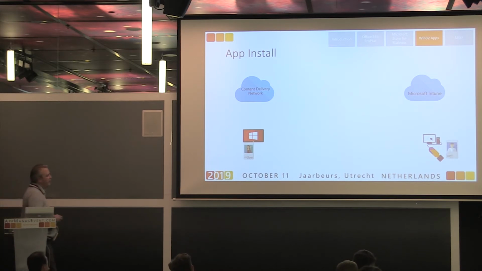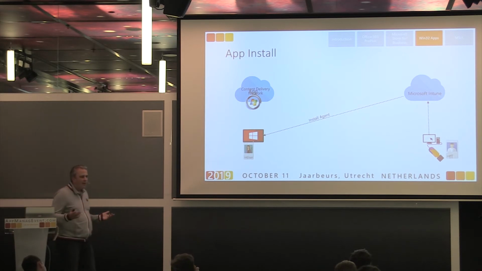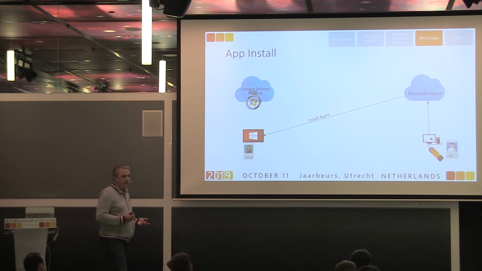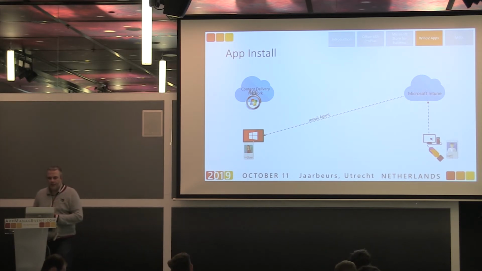So how does an install work? It's the same kind of workflow as seen earlier. We upload the app via Microsoft Intune to the content delivery network of Microsoft. The device checks in, and an agent is installed, because the normal MDM features of Windows 10 don't support this kind of installation of apps.